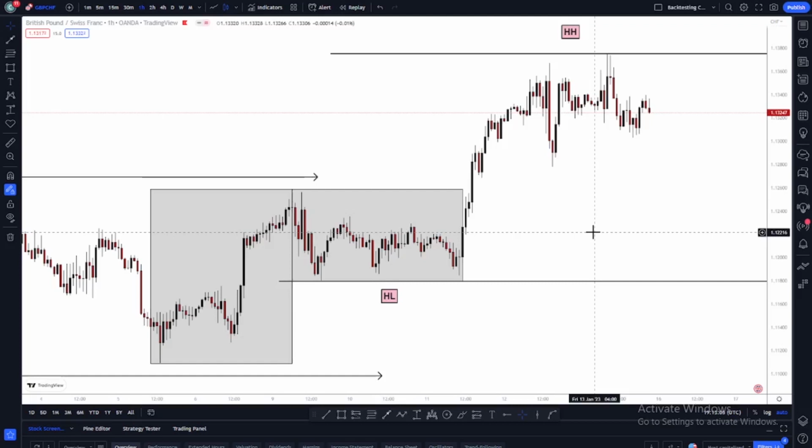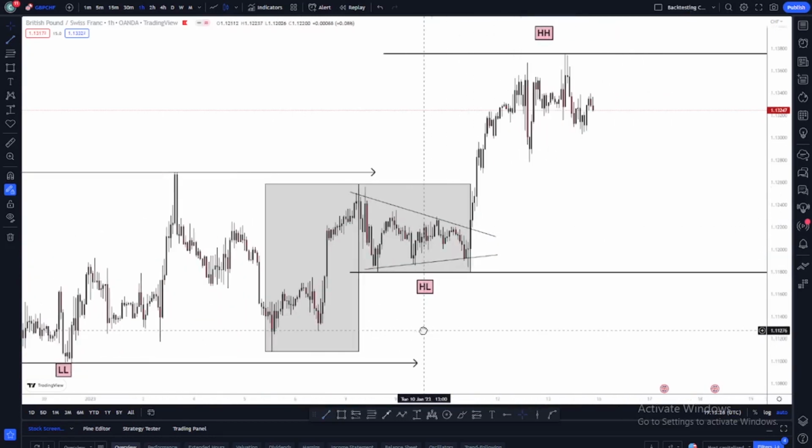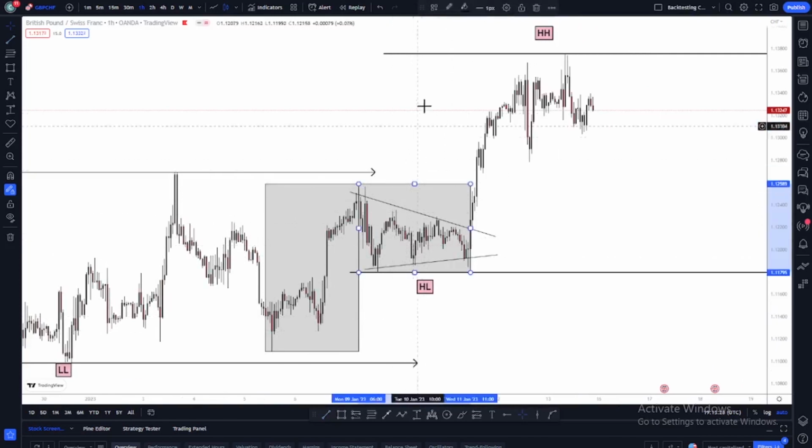So now let's identify that chart pattern. We have this trend line from here to here, and this trend line from here to here. That was a chart pattern that formed.